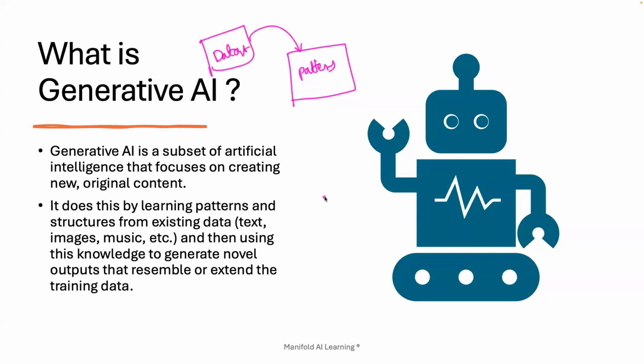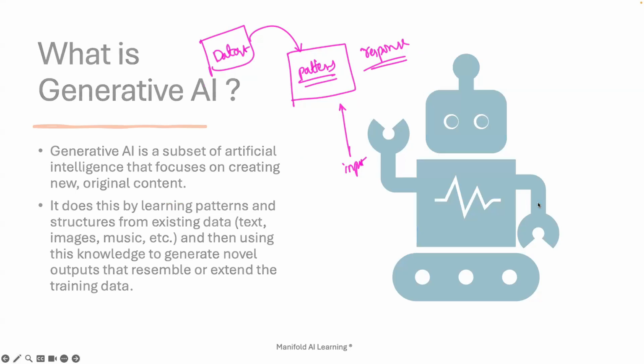Once it has learned the pattern, if I ask any question, it will generate the response. So this is the overall idea. When it is generating the response, it generates it based on the patterns it has learned from a very large data set. And that's what generative AI is.